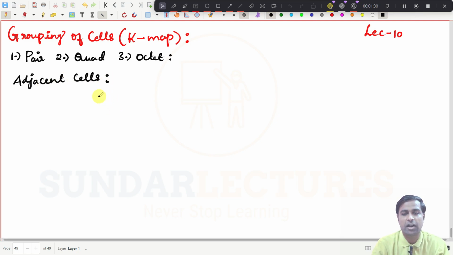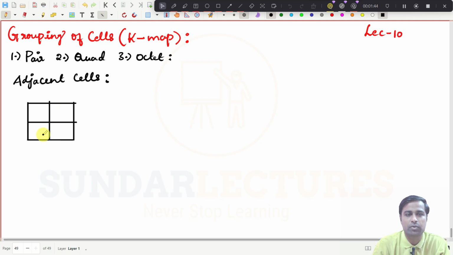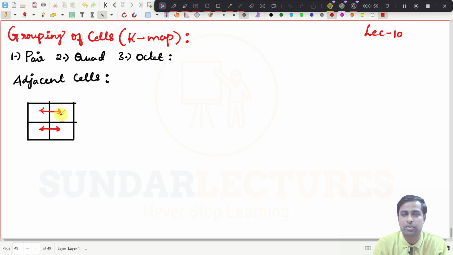Because in Karnaugh map, for example, if you take two variable Karnaugh map, it is not an issue, and we are generally not going to use the two variable Karnaugh map because it is very simple. So these two are adjacent to each other, and these two are adjacent to each other. That means this cell is next to this one, as well as this cell is next to this one.